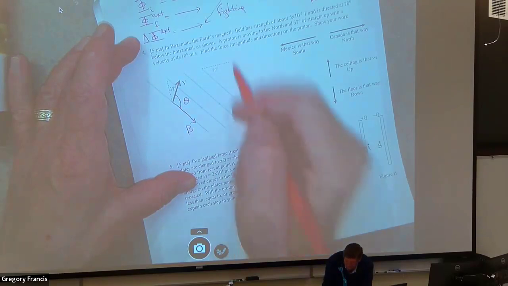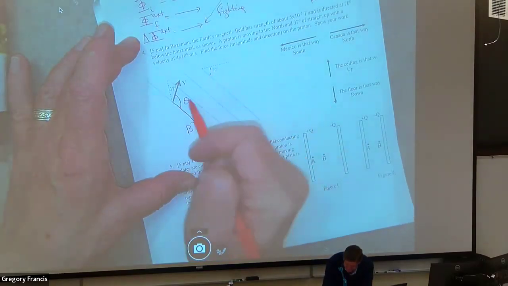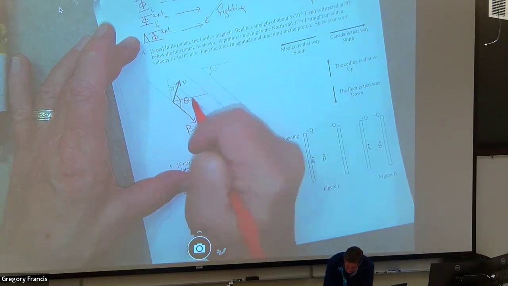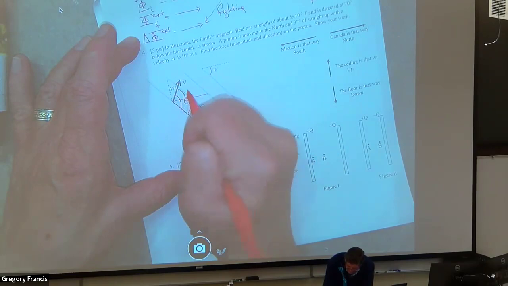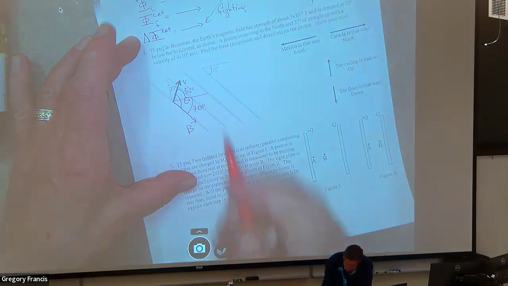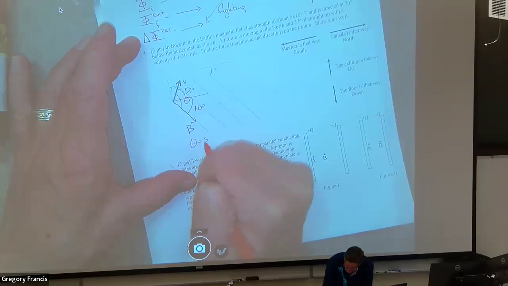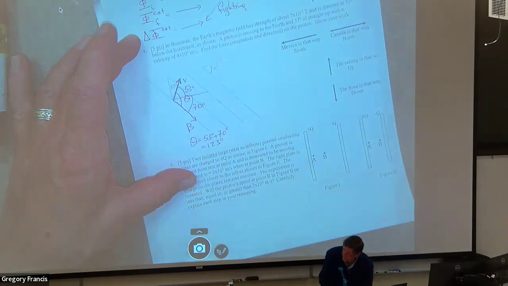And so I know that if this is 70 degrees, so that's 70 degrees. And I know that this has to add up to 90, so this is 53 degrees, right? So if I add 53 and 70, my theta is going to be 123 degrees.